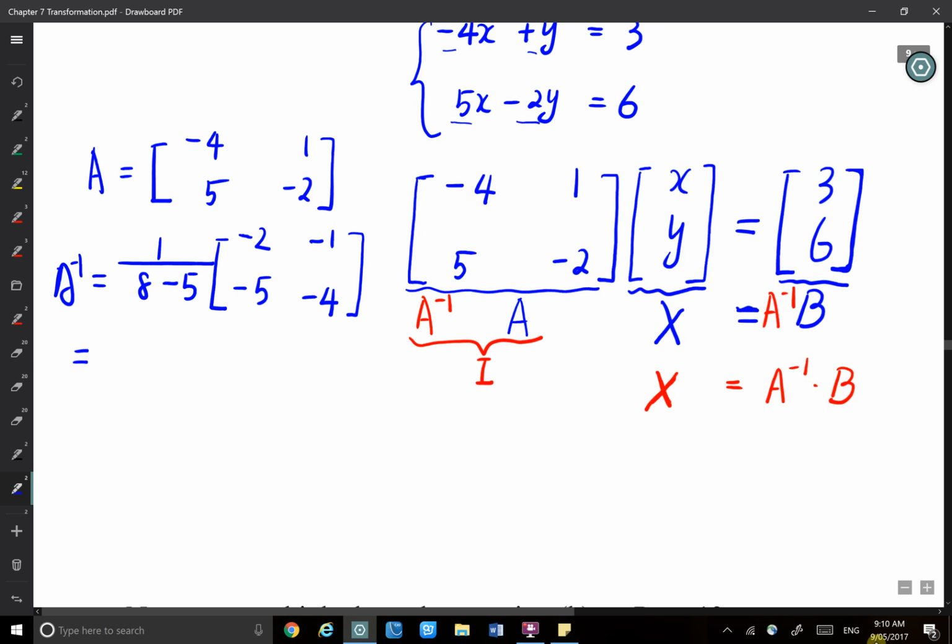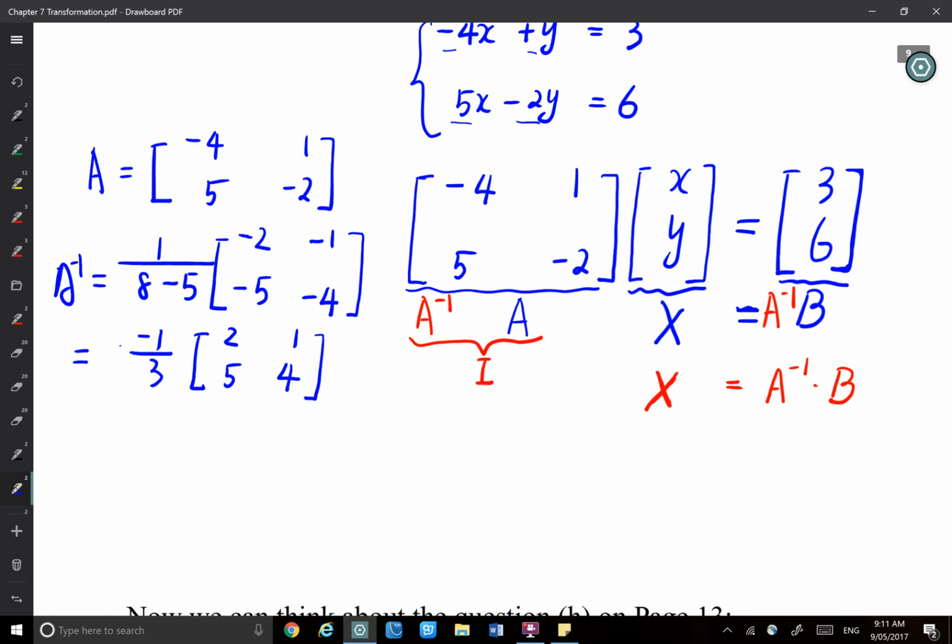And that gives you 3. I can go for a minus 1 over 3, and then I have 2, 1, 5, 4. I take out the negative inside the matrix. I take all the negative out and put the negative outside.